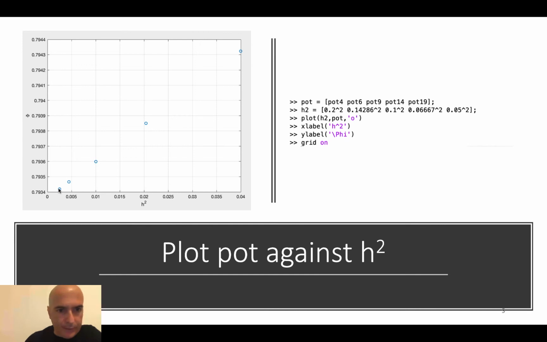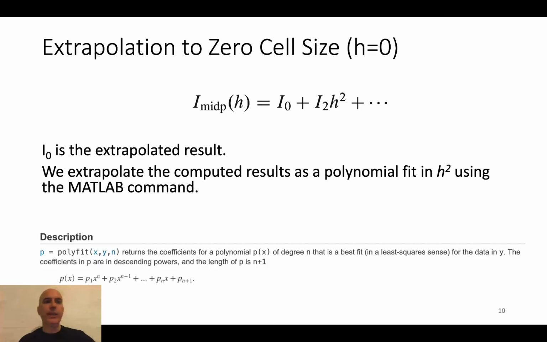You see that the different values are basically around a line. So one thing we can do is to extrapolate what is the value of our integral for 0 cell size, so for h equal to 0.